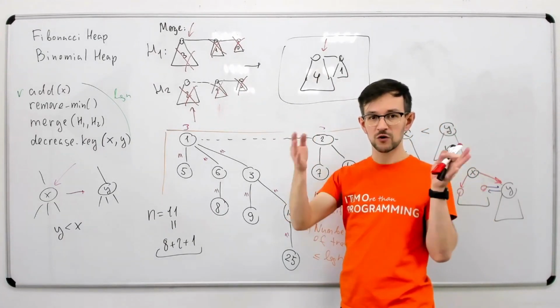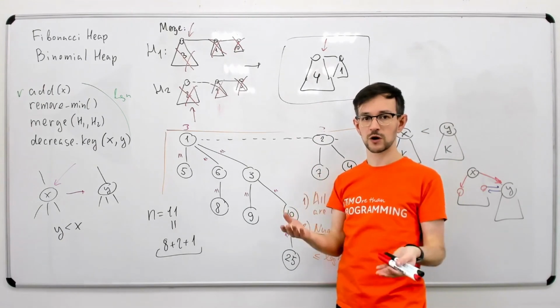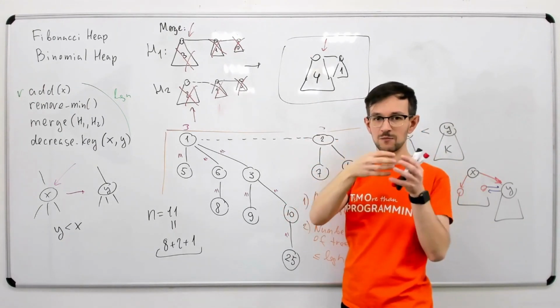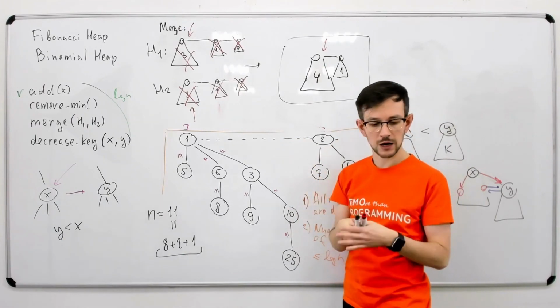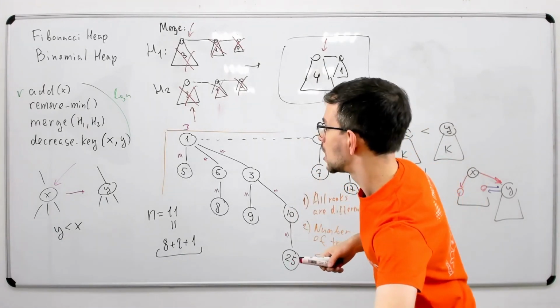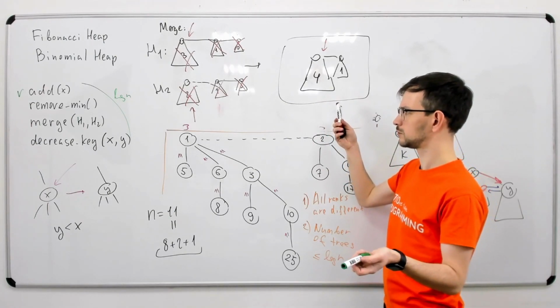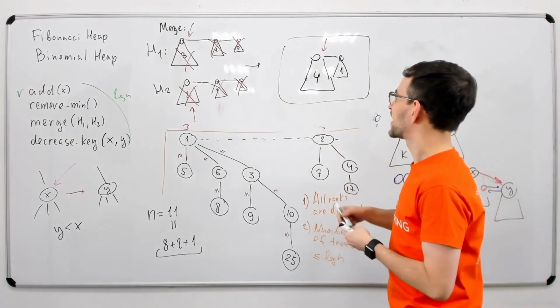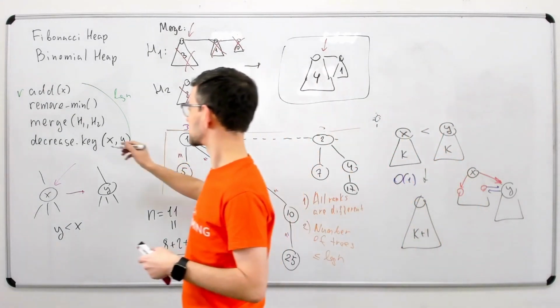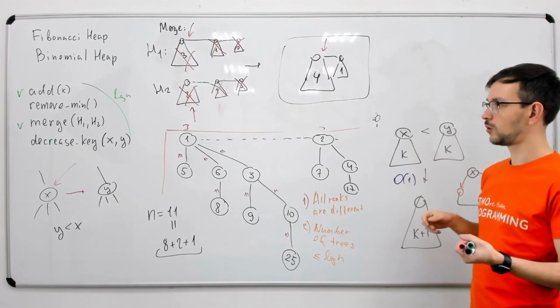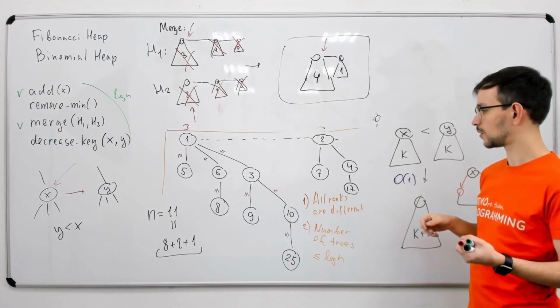The number of trees in both heaps is at most logarithm of n. So this time complexity is linear in this number of trees, so it's logarithmic. I think it's clear enough, right? So the time complexity of this merging is log n. Cool. That's almost all.